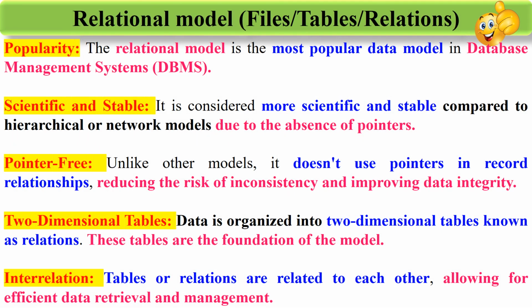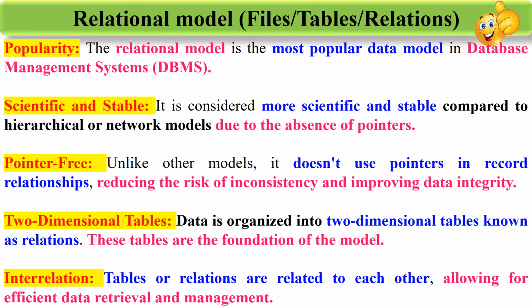Next, we are going to learn about the most popular data model in DBMS, the relational model, files or tables or relations. Popularity. The relational model is the most popular data model in database management systems, DBMS. Scientific and stable. It is considered more scientific and stable compared to hierarchical or network models due to the absence of pointers. Pointer-free.